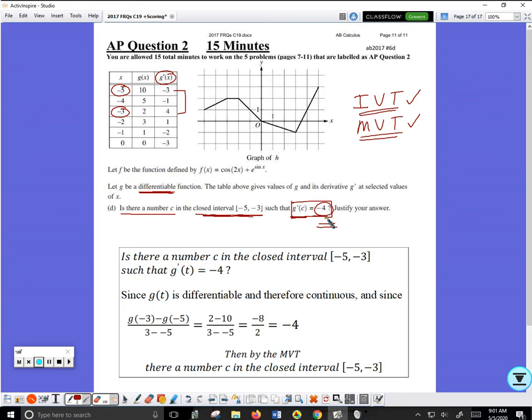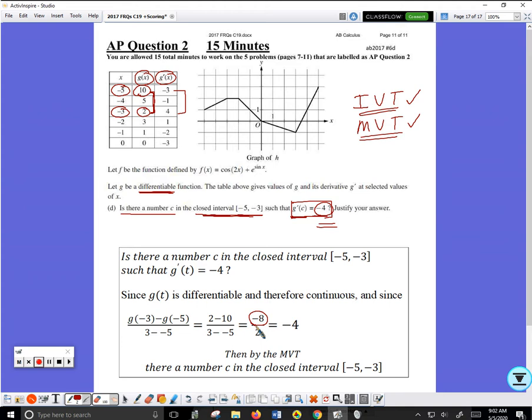So I'm going to have to try the mean value theorem, which means I look at G and I pay attention to the secant slope here, and I notice right away from 10 to 2 is a drop of 8.